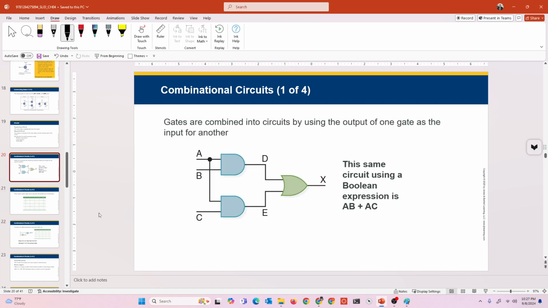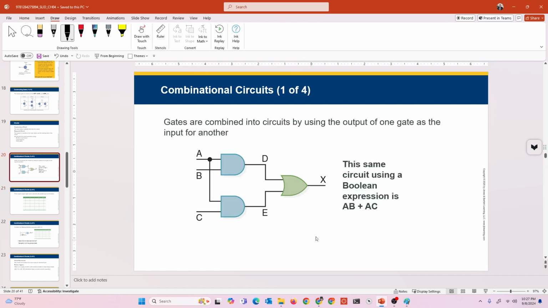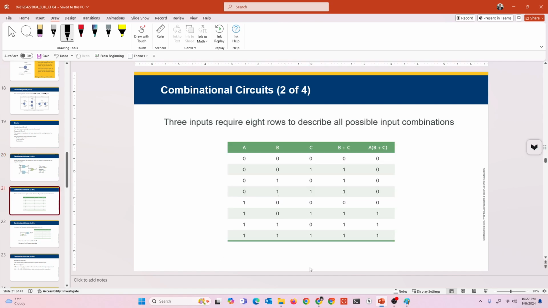There are different ways. We never talked about it here, but imagine if I give you a truth table. I didn't give you this first, I just gave you a truth table like this. There is a way to convert from a truth table, even without giving you B plus C. Let's just say this B plus C is a Y, the output. The question will be, we have a circuit that has 3 inputs and 1 output.